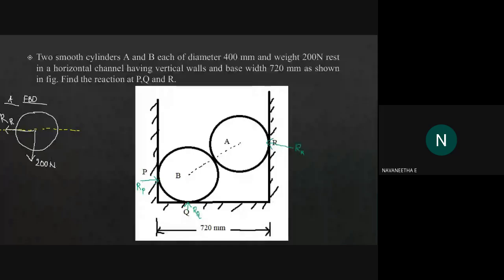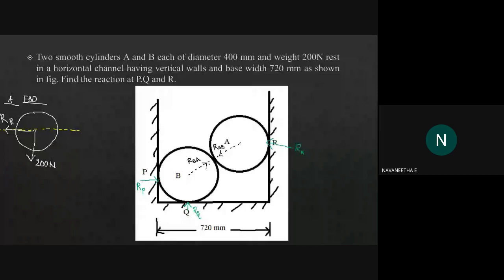Here we can write it like this: the reaction force of B on A, and also there will be a reaction force on B by the body A. So that is RAB.